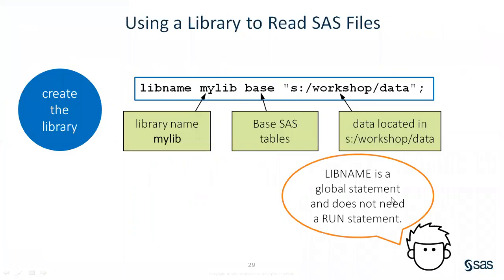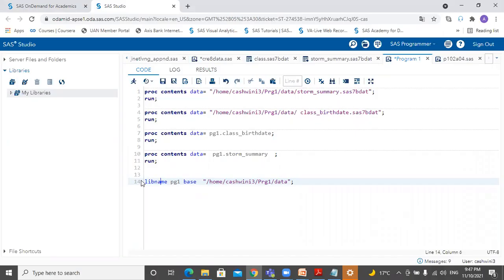So libname is a global statement and does not need to end with a run statement, because it's a global statement. It's not a step. That's why it does not end with run. So why is it called global?